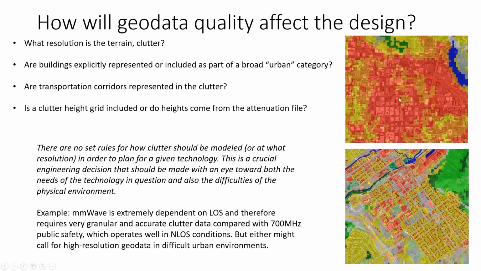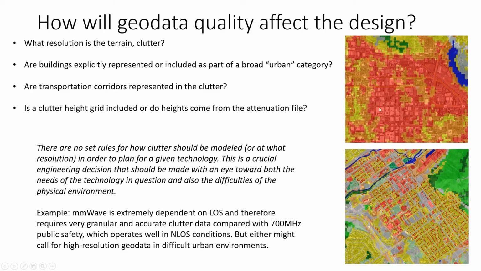We've got some 5- and 6-story buildings down here in the core area. And you can see this is all just classified as red, which is just urban in the National Land Cover data. And there are no street corridors shown in this. So everything that's street is classified as urban, and so is everything that's building. And so I'm not going to see propagation down street corridors with this kind of geodata.